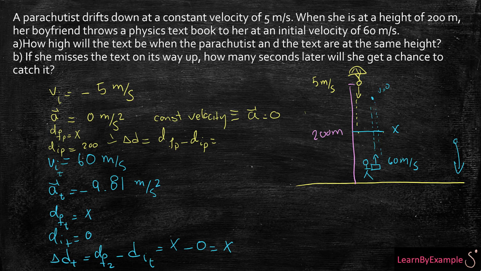So my d final minus d initial for the parachutist: my final height would be at X. So this is X where they're actually going to meet. And my initial height was 200, which I'm going to write here.